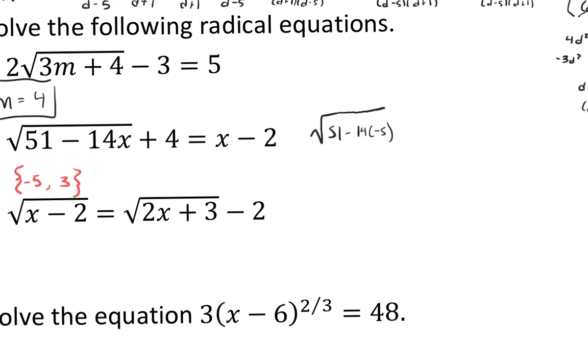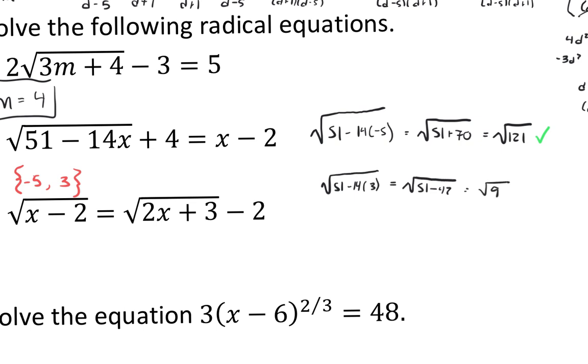So this will be the same as root of 51 plus 70, which is the square root of positive 121. So that one is okay. And then we also want to check our positive 3. So we'll have 51 minus 14 times 3. That's equal to 51 minus 42, which is the square root of positive 9. And that one is also okay. So we're good to go.